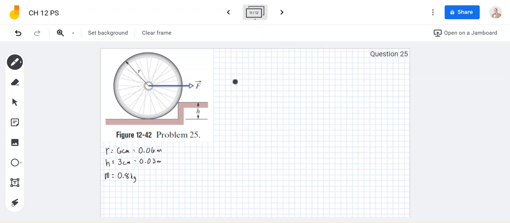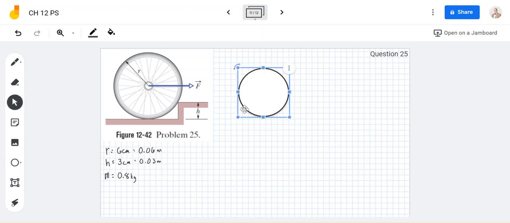So what force is going to allow it to come over here? Well, right now, here's our situation. If I were to draw a wheel over here, I'll use a little circle. It'll be easier that way. What are the forces? Well, we know that there's some mg here.